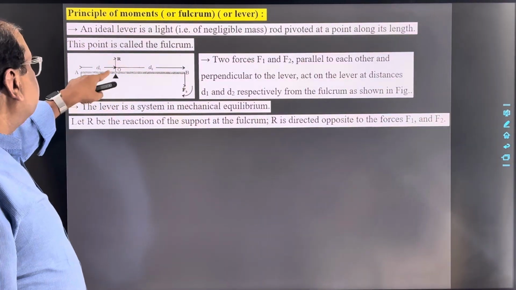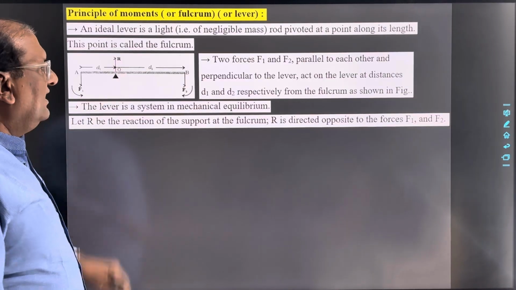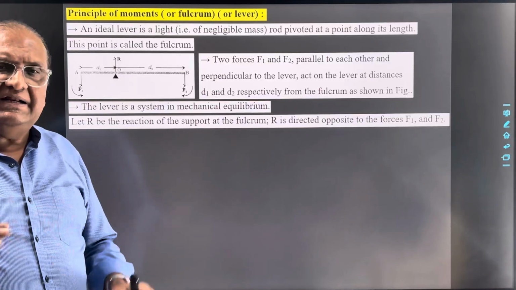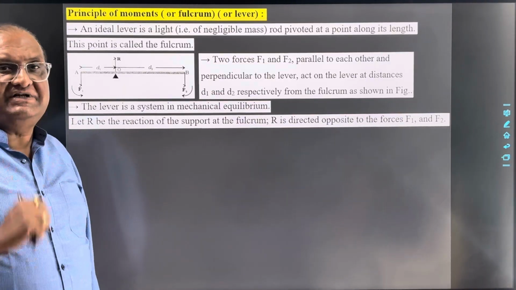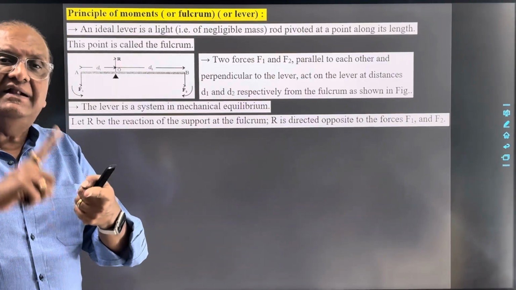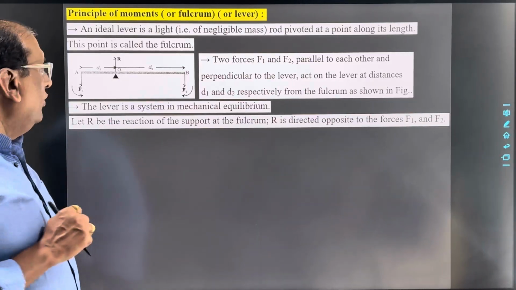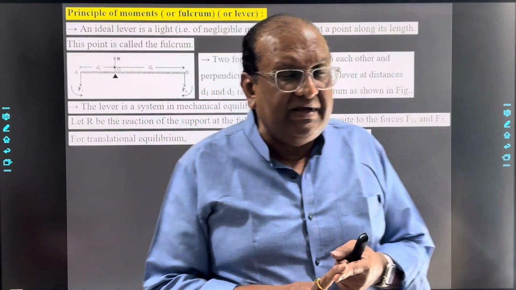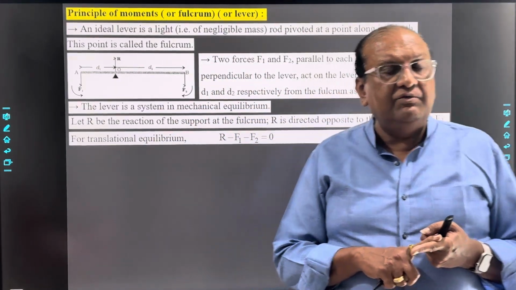We can represent it in the upward direction as shown in the figure, opposite to the direction of F1 and F2. So in total three forces are acting: F1, F2, and R, the reaction. For mechanical equilibrium, there should be translational as well as rotational equilibrium.